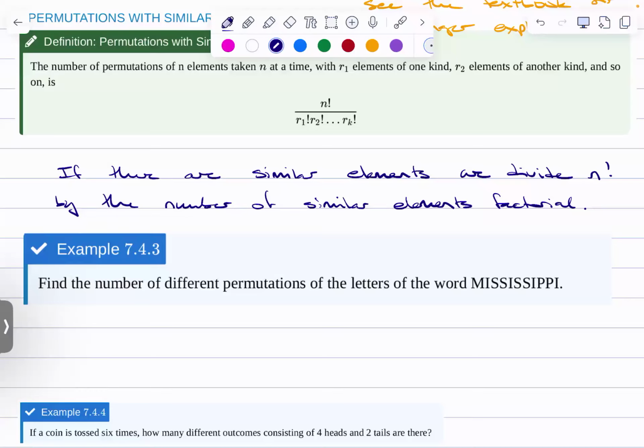Now, the problem with a word like Mississippi, find the number of different permutations of the letters of the word Mississippi, is that this I is going to read the same as this I, and this I, and this I. Even though technically you could assign them and let them be different I's, I1, I2, I3, I4, for example, they still make the same word.